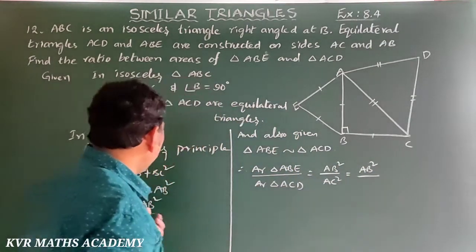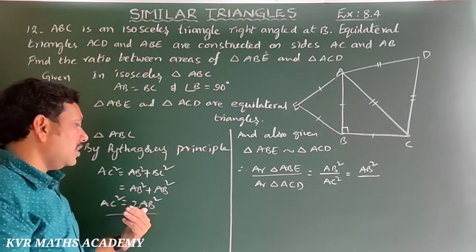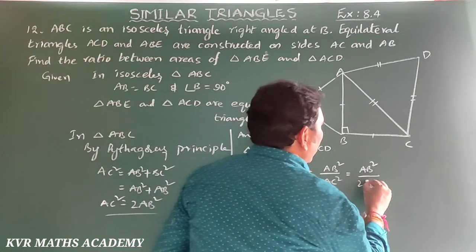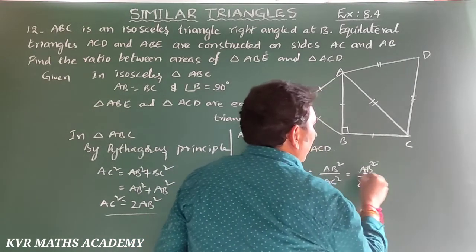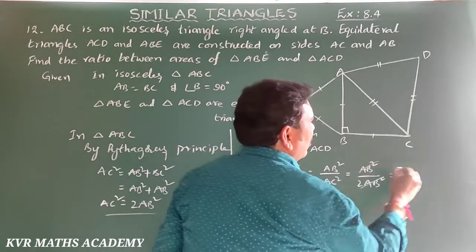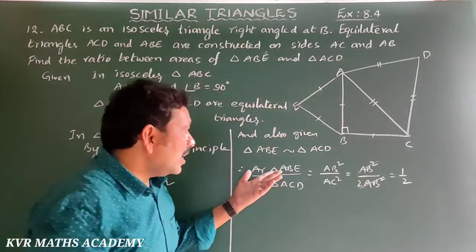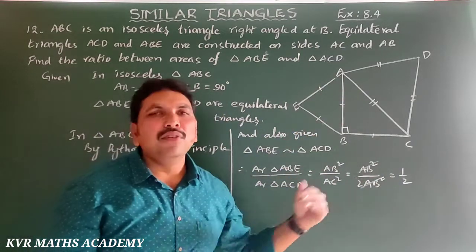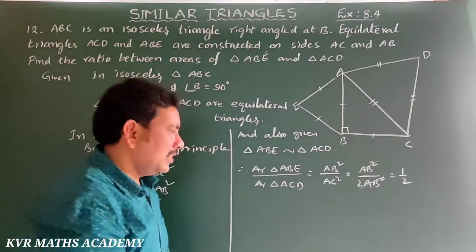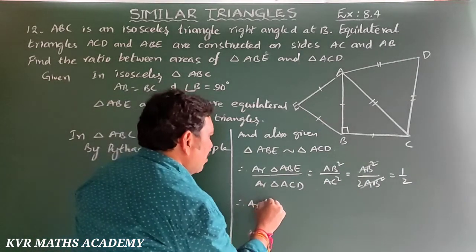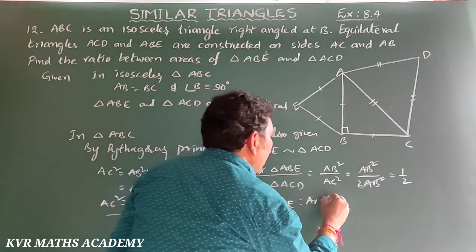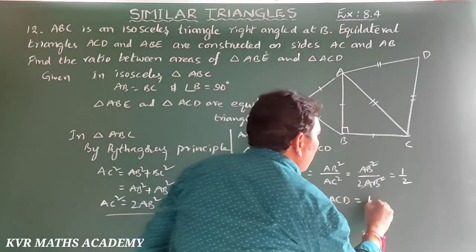AC square we got as 2AB square, so substitute that. AB square gets cancelled, that is equal to 1 by 2. Therefore, the ratio of the areas of these two triangles is 1:2. Therefore, area of triangle ABE to area of triangle ACD is equal to 1:2.